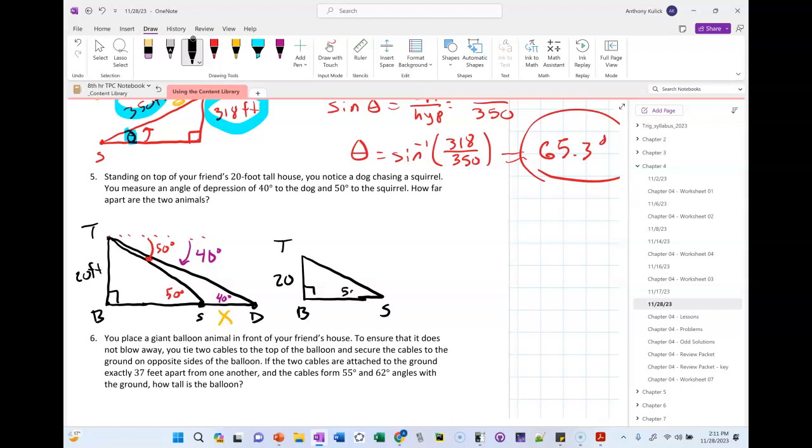I see this one, and I see that one. And I notice here that x should be just the difference between BD and BS.